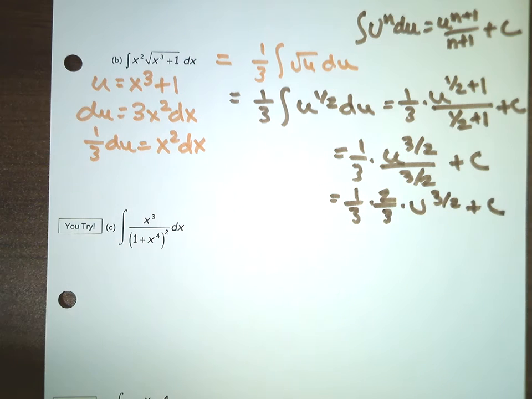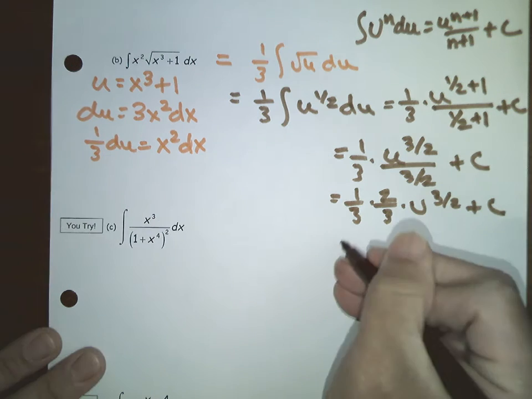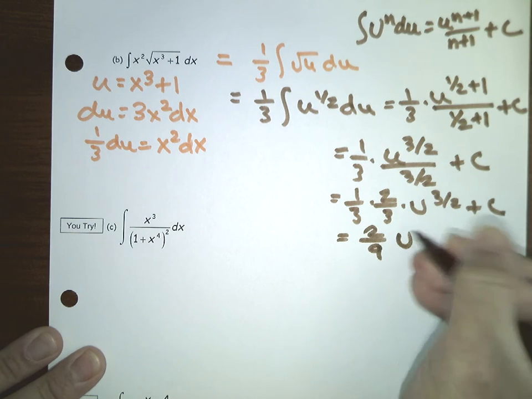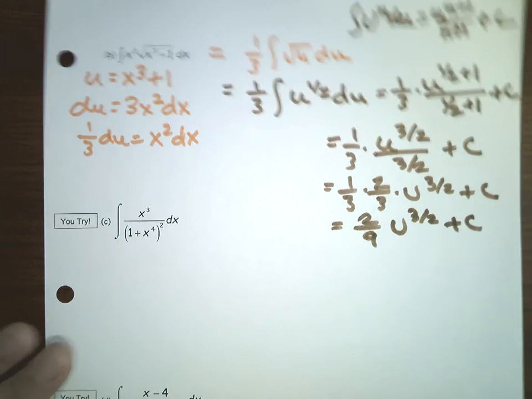And then what I really have here is 2/9 u to the 3/2 plus c.